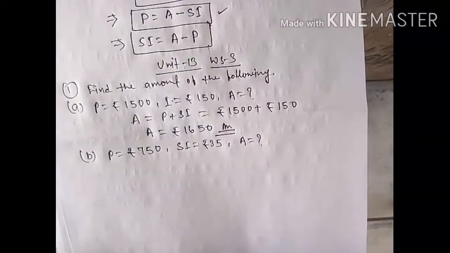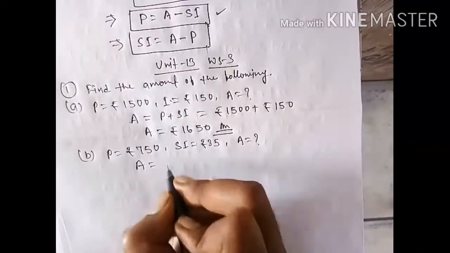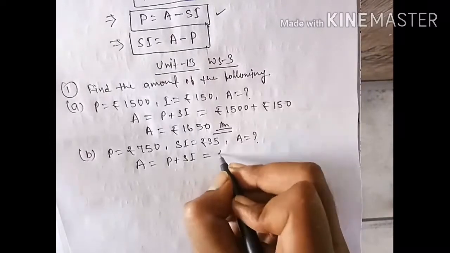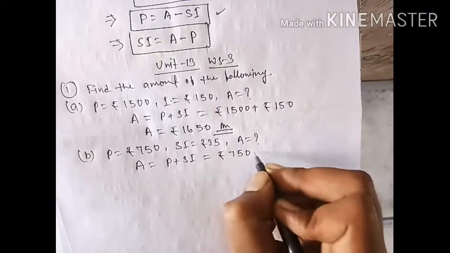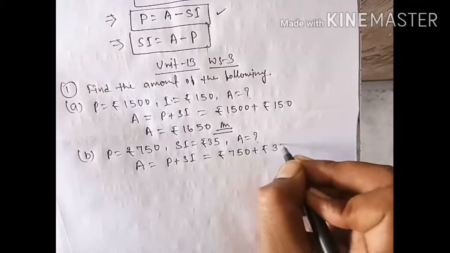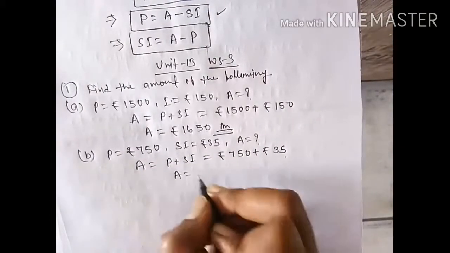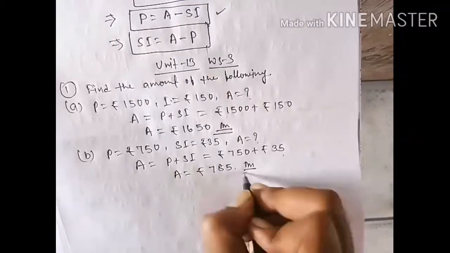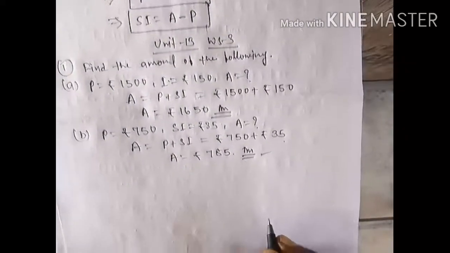Amount is P plus SI, so 750 plus 35. After adding you get 785. So amount is rupees 785.